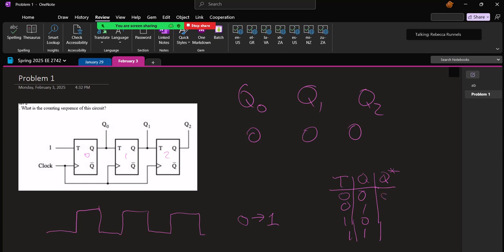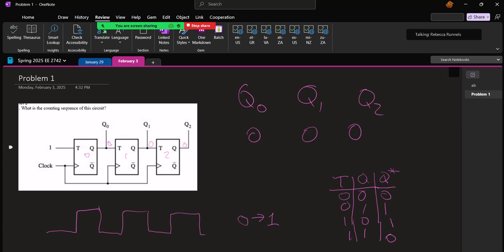My new output will be the same as my old output. If T is 1, my output toggles. It'll be the complement of what it was before. So if T is 1 and Q is 0, my output becomes 1. If Q is 1, then my output becomes 0. So when we started, we said these were all 0.